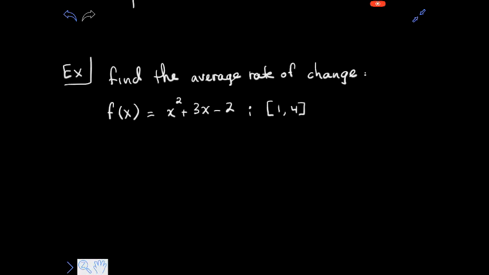So an example here, find the average rate of change of this function, x squared plus 3x minus 2, and the two x values, that's what this right here is. This is a range of x values between x equals 1 and x equals 4. So we need to use the slope formula.